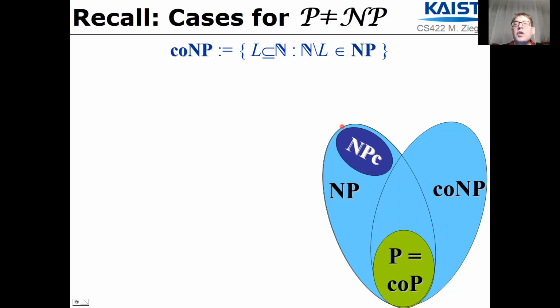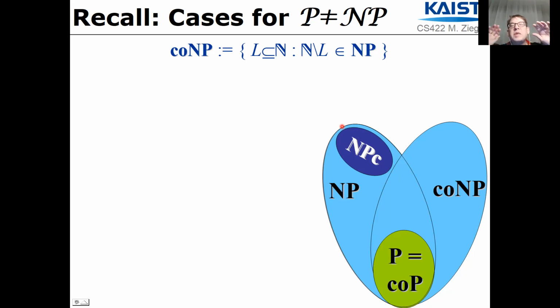Remember that co-non-determinism means the complement, right? And this is where the asymmetry kicks in the definition of non-determinism. Non-determinism asks whether there exists a sequence of guesses that lead to acceptance. And the complement of that means that all sequences of guesses lead to rejection. And this for-all quantifier does not really seem feasible to be expressed as an existential quantifier and thus as non-determinism.